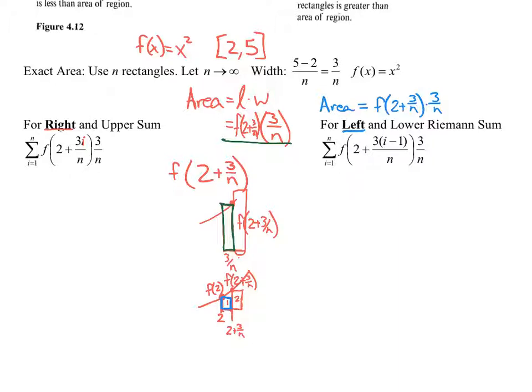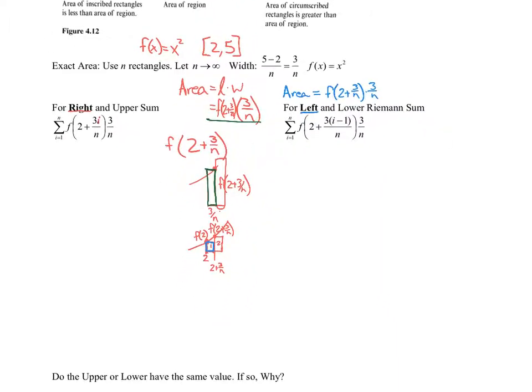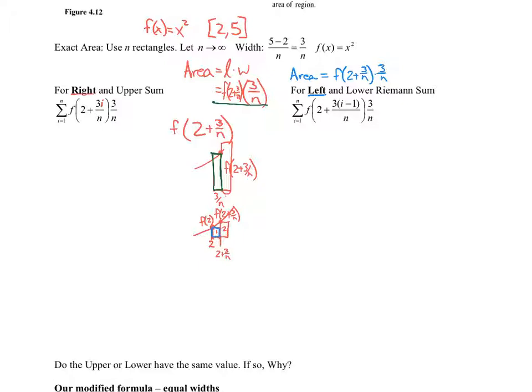Now, if we generalize this, the interval that we had was from 2 to 5, but let's say that we're doing a function f of x. We want the area under f of x over the interval from a to b. It actually doesn't matter if it's a closed interval or an open interval; we typically just use a closed one.